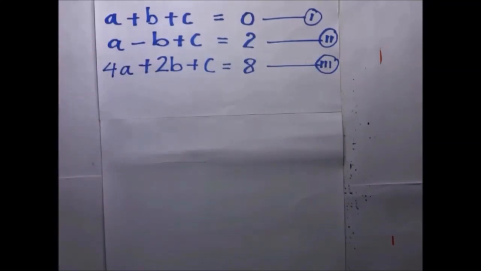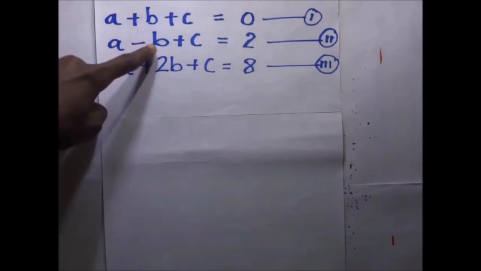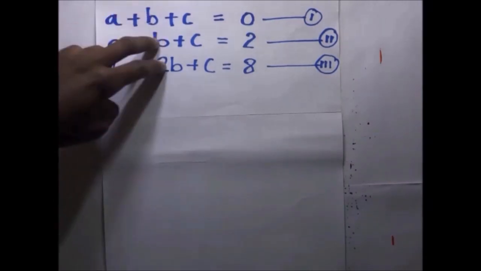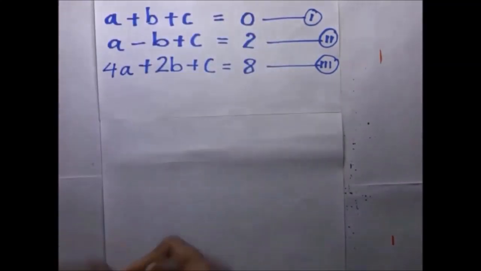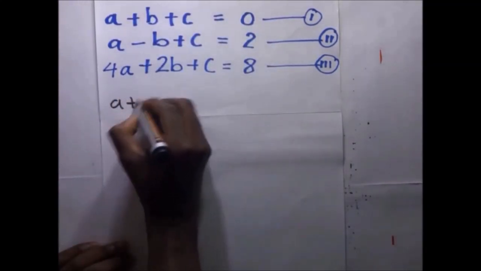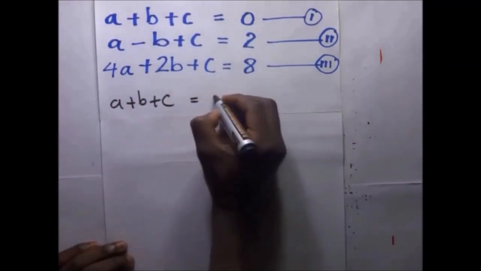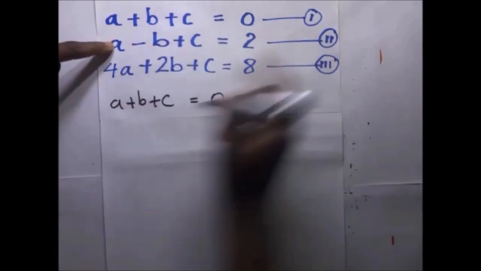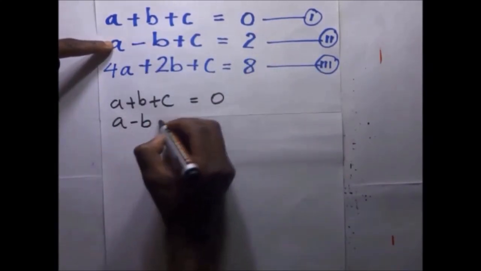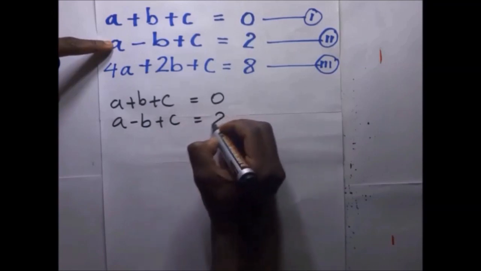Now the strategy we shall approach here is that we shall seek to eliminate b in the first two instances. So let's first pair these two equations. We have a plus b plus c is equal to 0, and then we have this one, a minus b plus c is equal to 2.